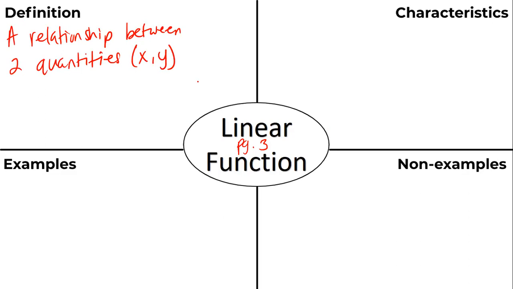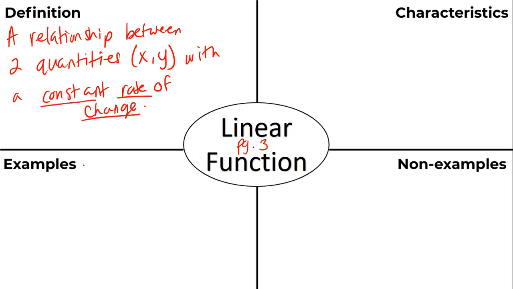Some variables. With a constant rate of change. That's what makes something linear. There is a constant rate of change. Questions about the definition?